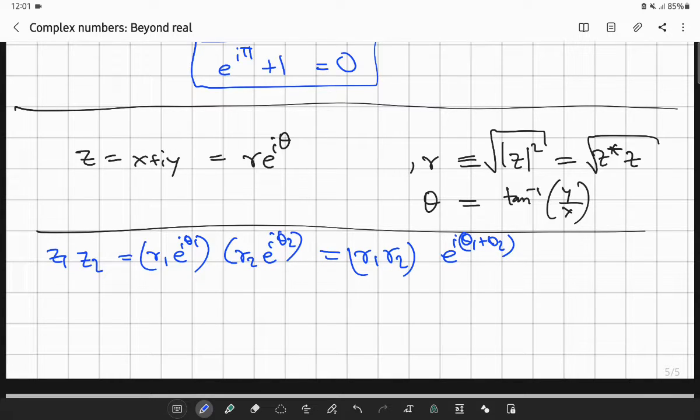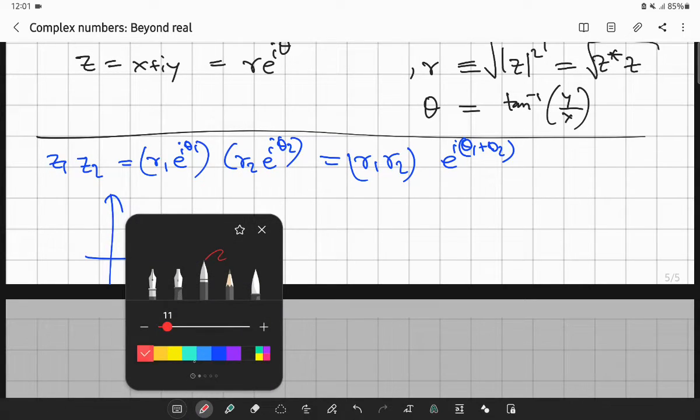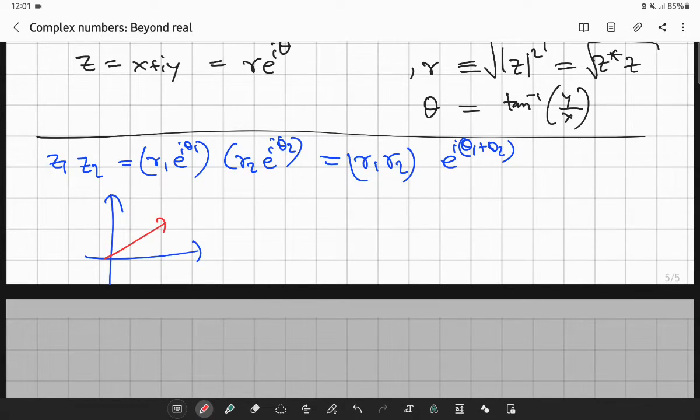First let me just recap what r e raised to i theta meant. It meant you had a vector or a complex number. I'm going to use vectors and complex numbers interchangeably, so I hope you don't mind. This is r, this is theta, right?